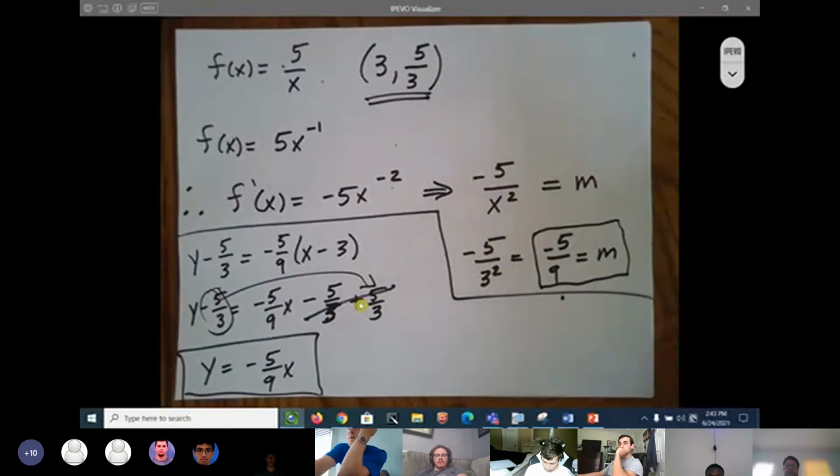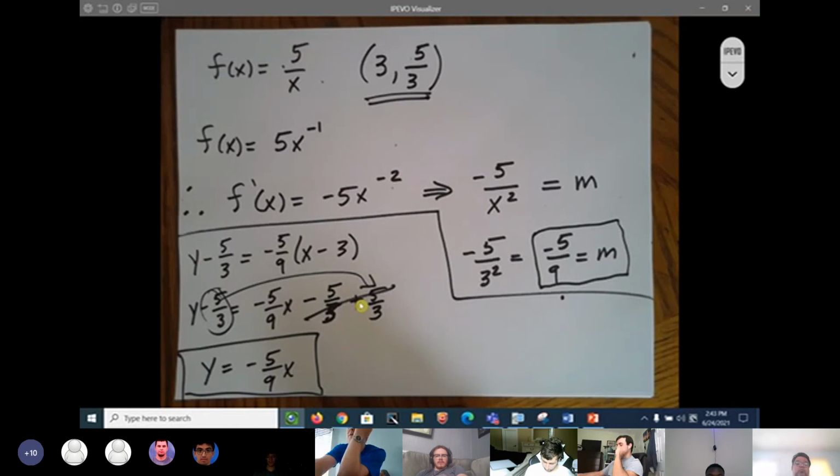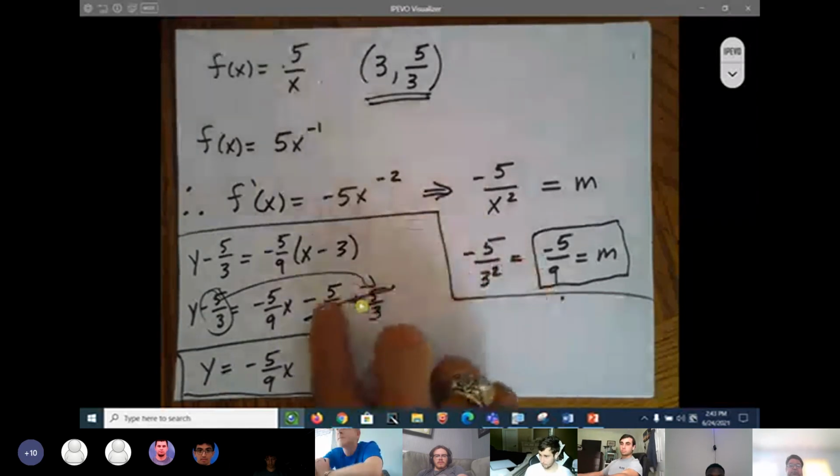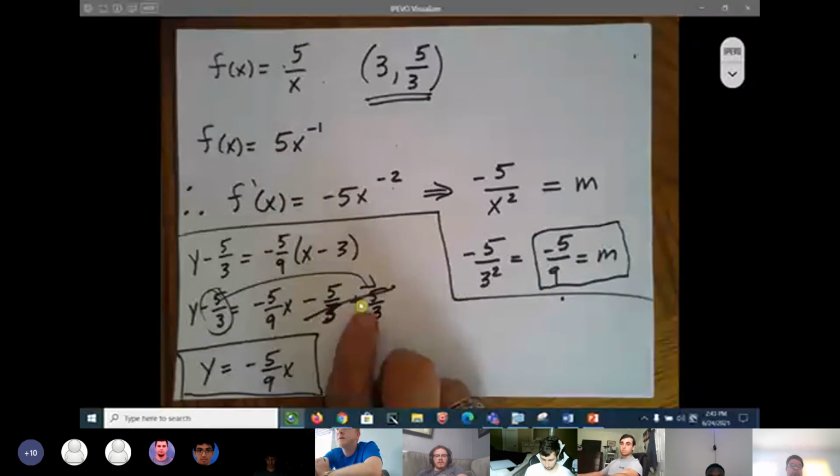Shouldn't your negative 5/9, negative 3 go positive? I'm sorry, say what? Speak up, I can't hear you. He was saying, shouldn't your 5/3 on the right side be positive because you're doing a negative times a negative? Yeah, but it cancels out. But that should be positive, right?